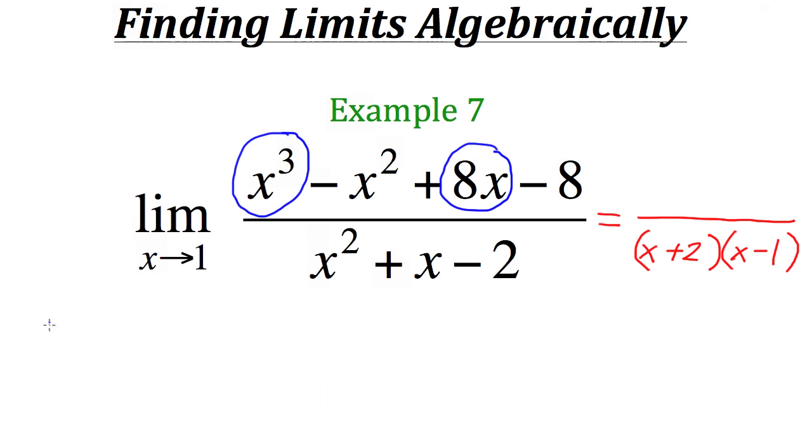So we have x cubed plus 8x. Now what I want to do with these two is factor them down into their simplest terms. So if we look at both these terms, they share an x. So we could pull an x out, which leaves us with x squared plus 8.